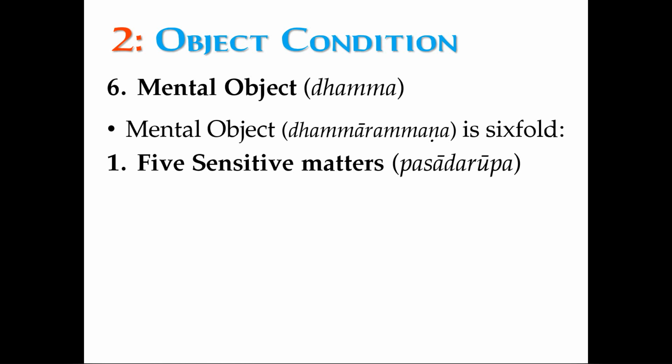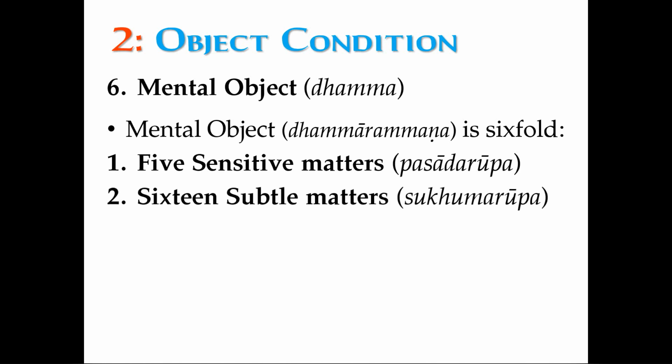They are very sensitive so that you cannot experience them, so you have to recognize them with your mind. And also 16 subtle matters. These also you do not know. Only through the mind will you know them.